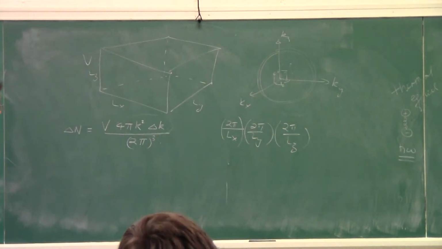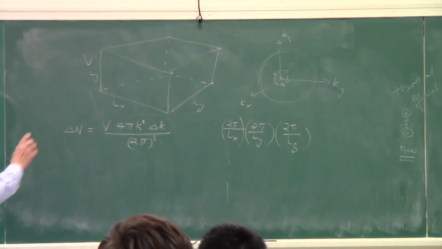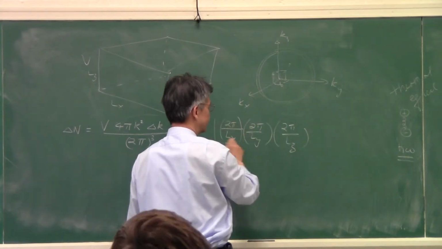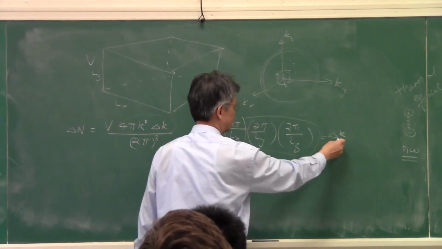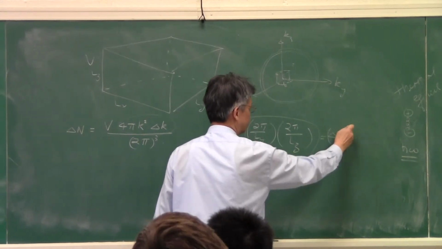If you remember the electron case, you have Lx, Ly, Lz. If you have a box of this size and impose the periodic boundary condition, it will discretize all the modes, and the size of each mode is roughly equal to that. Delta k cubed is roughly equal to that.